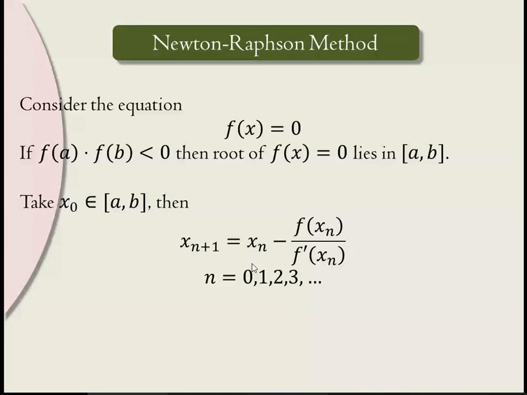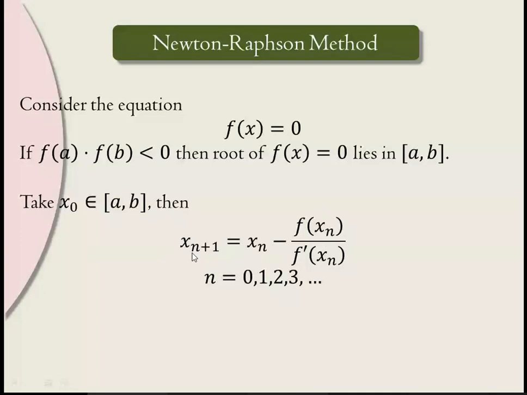Here we don't have to keep or remove any value. What we have to do, first of all, is find any 2 points for which the product is negative. Take any arbitrary point between that interval A and B. Find the value of the new term by using this formula.